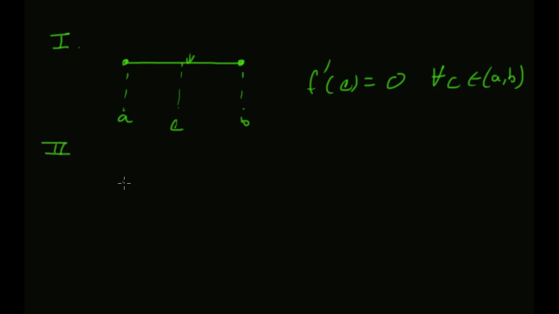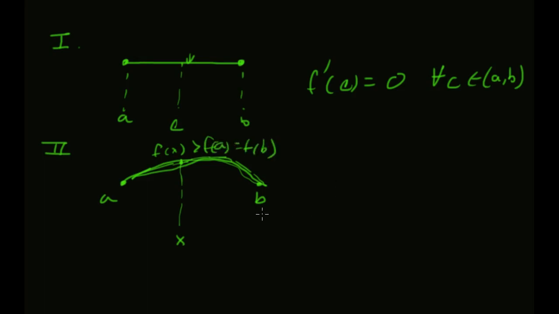All right, case number 2. We start here, we end here. We have A, we have B. And at some point, there's going to be a value x, which is bigger than A and B. So f of x is clearly larger than f of A, which is equal to f of B. If this is the case, then I'm guaranteed that on the closed interval from A to B there must be a maximum, because that's by EVT.